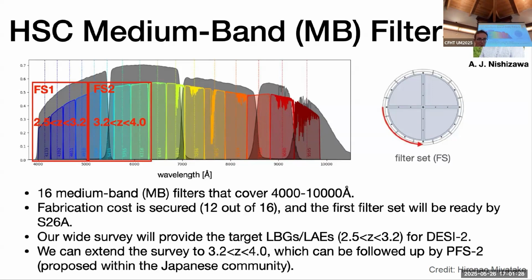The first 4 filters have been built and are going to be delivered, and they'll be applying for time this autumn. The goal would be to observe a portion of the HSC Strategic Survey Program footprint, the equatorial part of the HSC footprint.